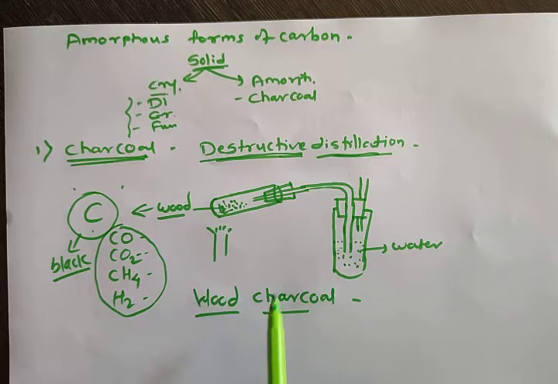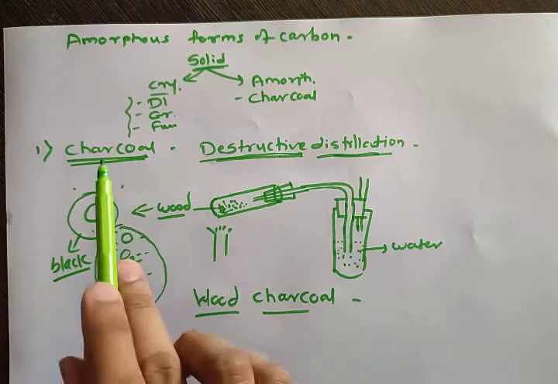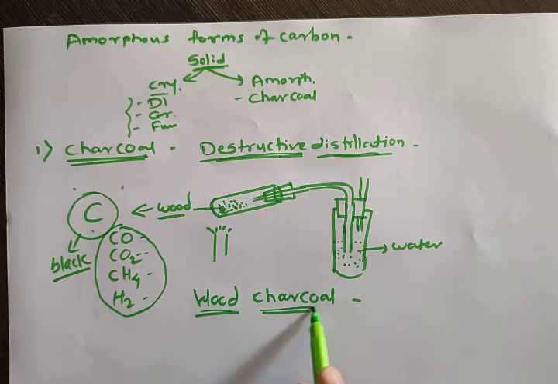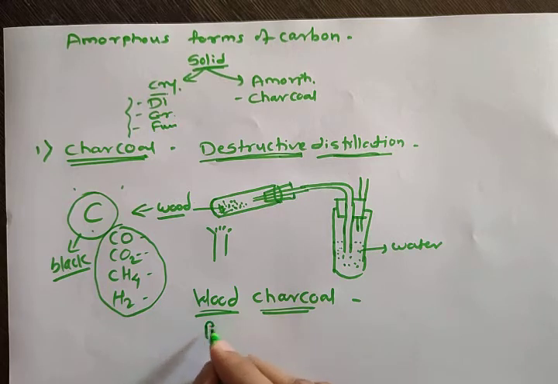This is a destructive distillation, and whatever black color substance remains will be called wood charcoal, because we have taken wood here. Now what are the properties of this wood charcoal?